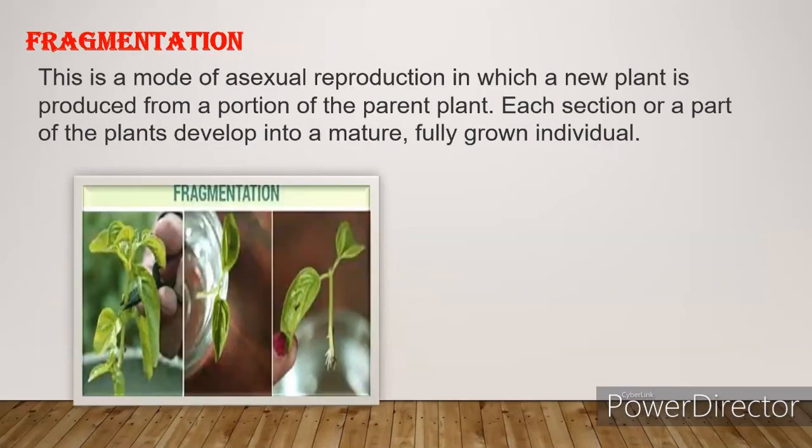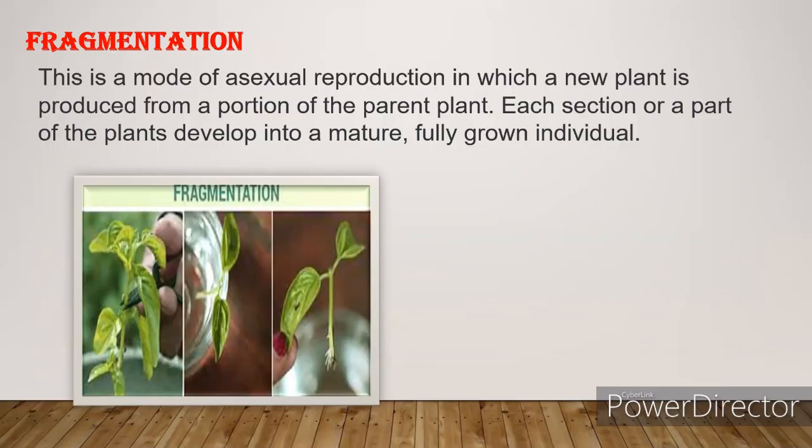Then the next one is fragmentation. Fragmentation is a mode of asexual reproduction in which a new plant is produced from a portion of the parent plant. Each section or part of the plant develops into a mature, fully grown individual. Some plants possess specialized structures for reproduction through fragmentation.